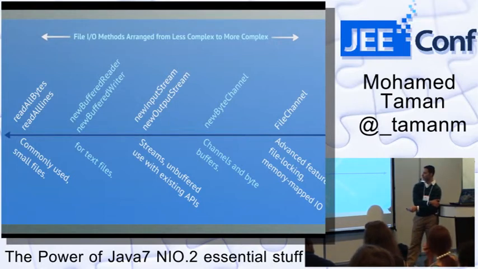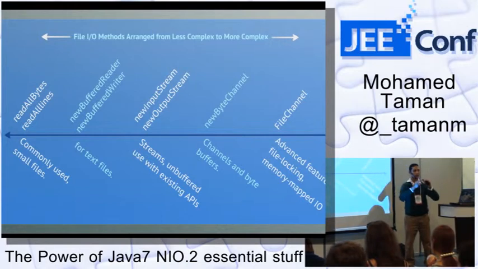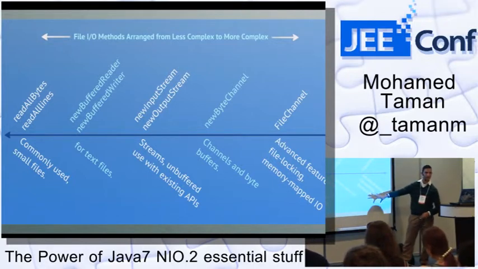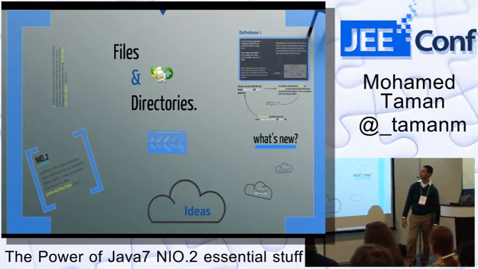For channels, by buffers, FileChannel will be used for advanced features like file locking, mapping, getting a portion of the data in memory, locking it, working on it, and releasing it back to your file without maintaining the concurrency on the file. And memory-mapped I/O. All of this works with asynchronous, networking and random access files. That's all about directories and files.